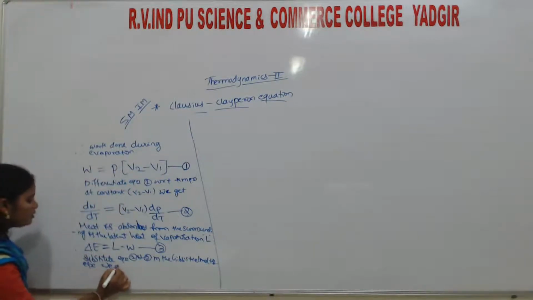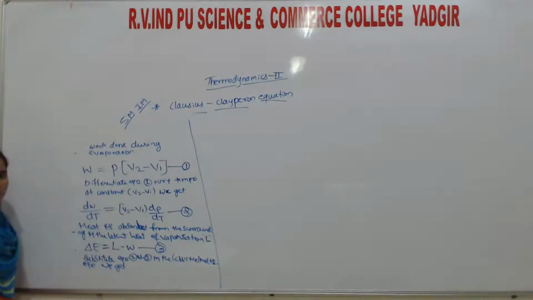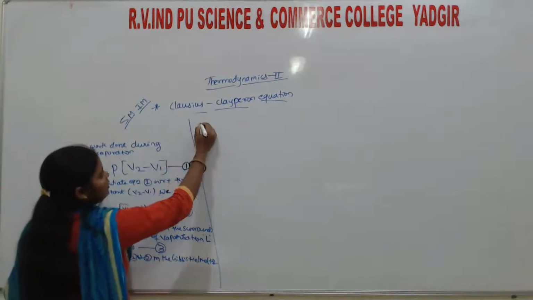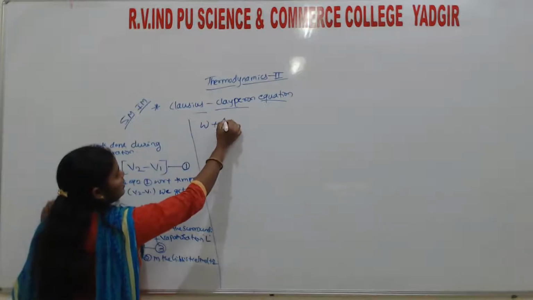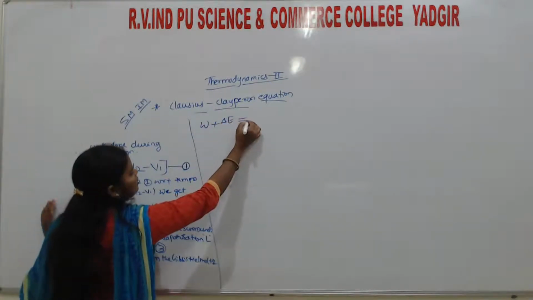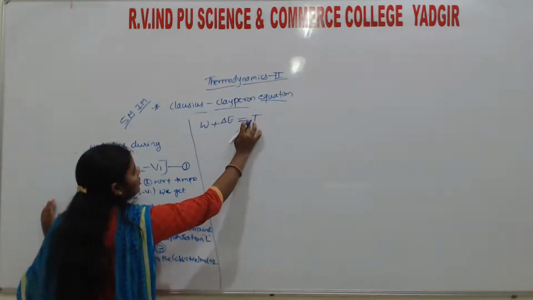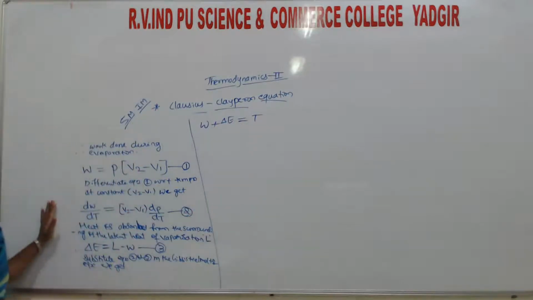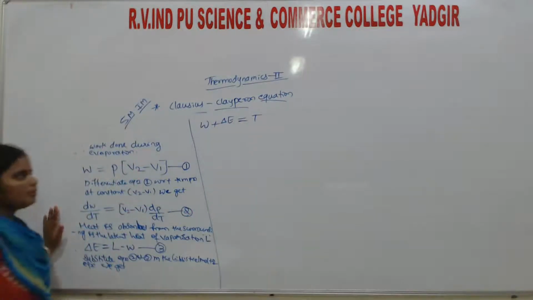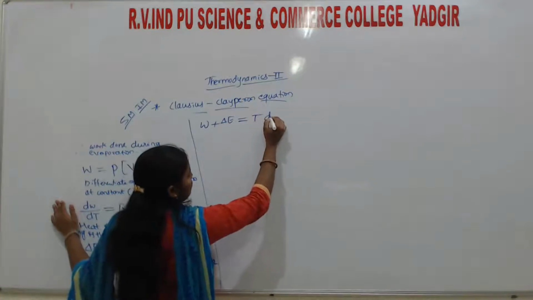In the Gibbs-Helmholtz equation we get W plus delta E is equal to T into dW divided by dT.